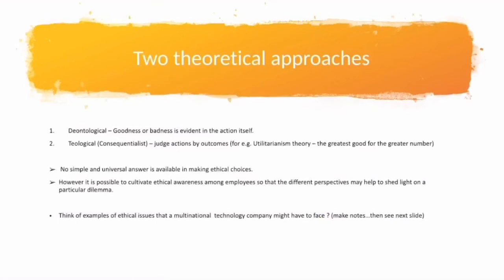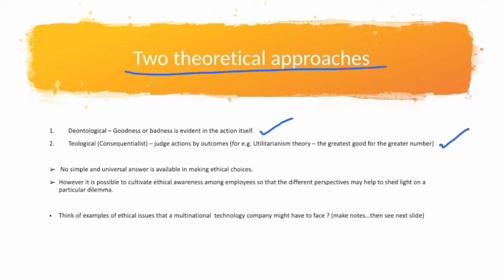That brings us to two theoretical approaches to ethics, which are very important to understand. The first one is deontological, which explains that goodness or badness is evident in the action itself, whereas the second one, teleological or consequentialist, judges actions by their outcomes. The greatest good for the greatest number is an example of utilitarianism theory.